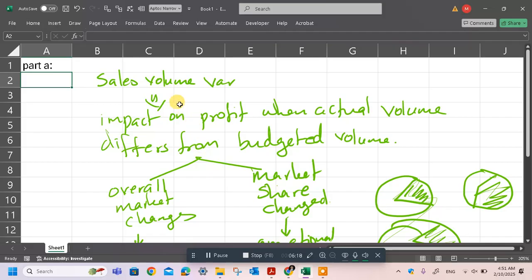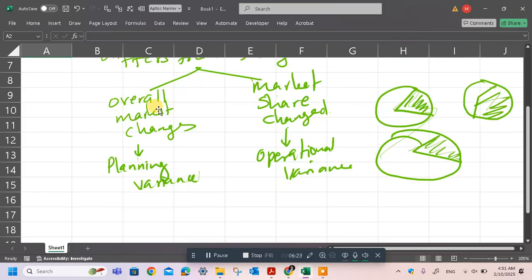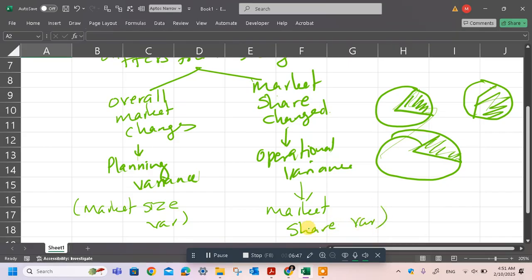Start by explaining what volume variance is. Then say that it comes from 2 factors: either the market itself changes, or the market remains the same but the company's performance changes. The first is called market size variance, and the second is called market share variance. Finish explaining this. That should give you those 4 marks.